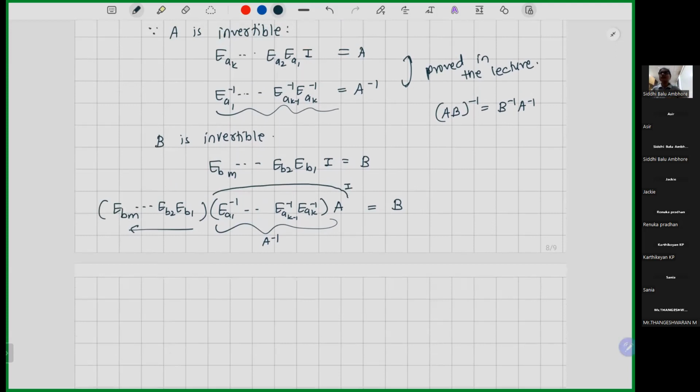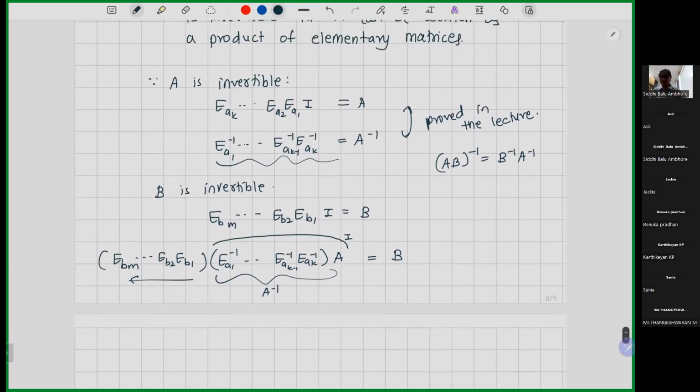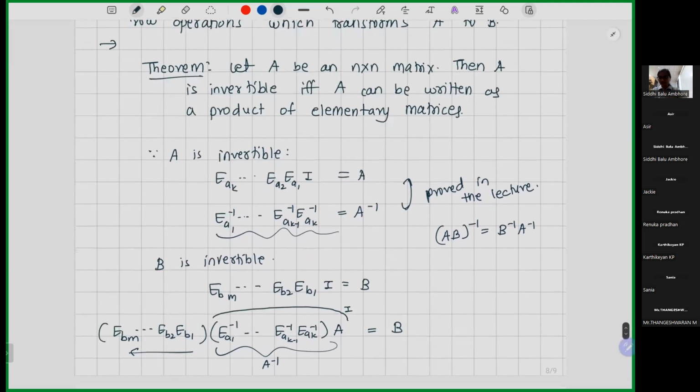I was referring to the same thing, but I was not able to specify it in the elementary form. So I was saying that because A inverse is equal to I, we can use that relationship. Yes, what you did was exactly the same. When you wrote A inverse and B inverse, you meant these elementary matrices. Yes, exactly. So it is clear, right?